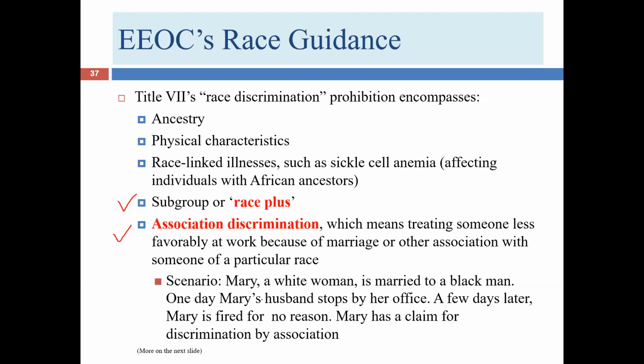This association discrimination could apply in other circumstances. Maybe Mary was married to a Hispanic person or a Muslim person, or maybe Mary is 25 and she's married to a 65-year-old, so it could be age discrimination. So there's lots of different ways that these associational claims can arise, but certainly they can occur in the racial area.